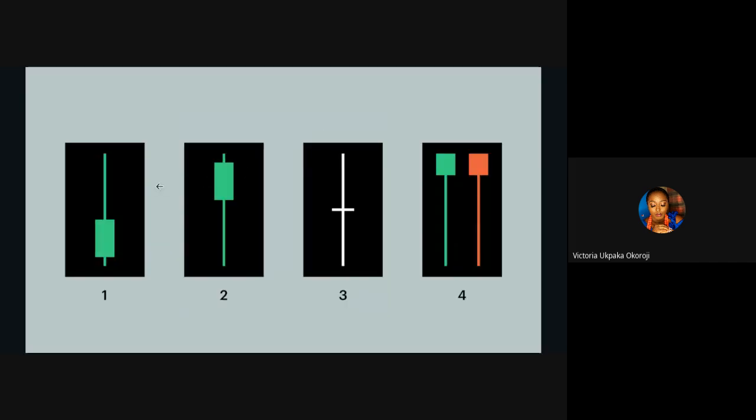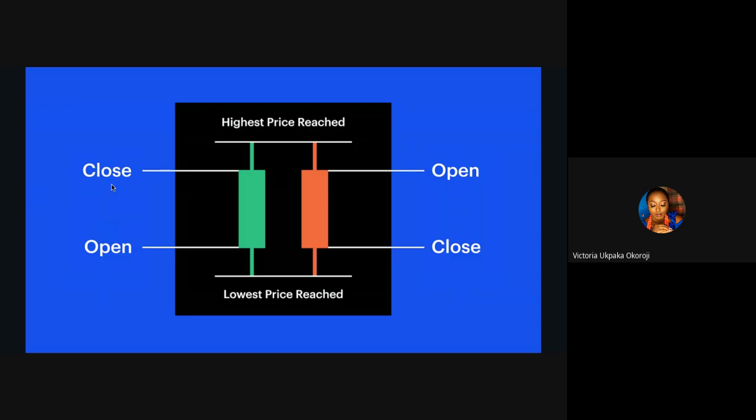So I'm using this slide to explain. I believe you must have seen something like this on exchanges. This is a candlestick, like I mentioned in the previous class, Japanese candlesticks.